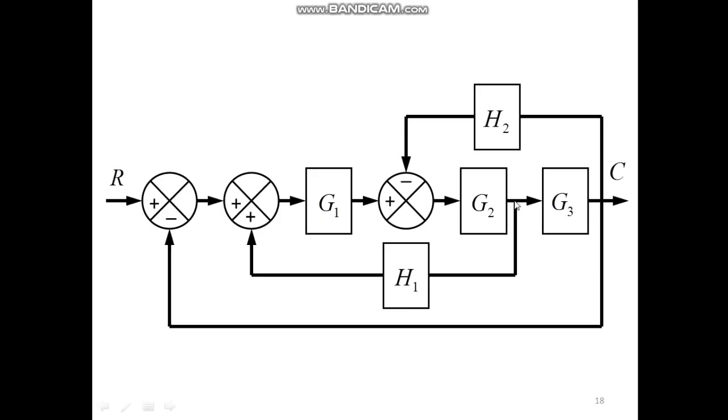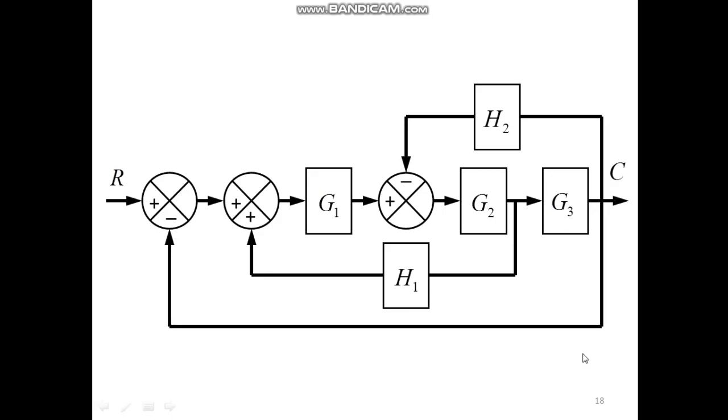After that there is one takeoff point where the feedback line is taken and the H1 block is present. Then there is a third block present in the forward line which is G3, and then ultimately the output C is taken out.